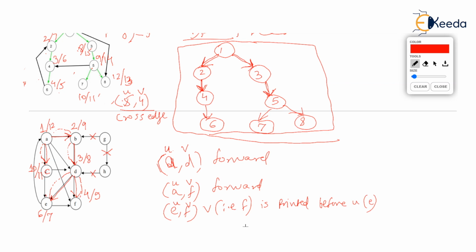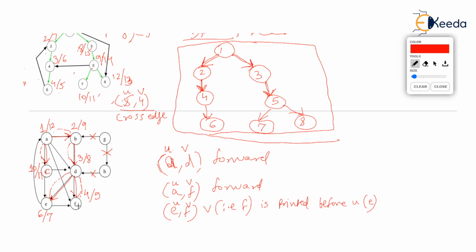I hope you are understanding back edge, because V is discovered before U. So it can be a back edge, but to be a back edge, one more criterion it should satisfy, that there should be a path from F to E. From V to U, there should be a path. Is there any path from F to E? Let's see. If you see the graph carefully, from F, you can't go anywhere.